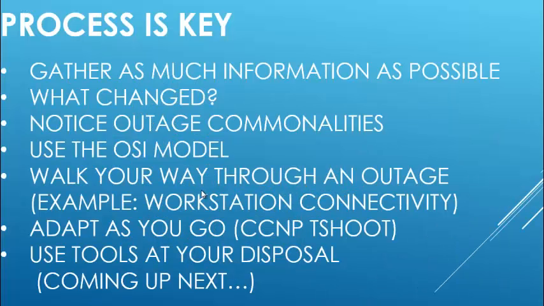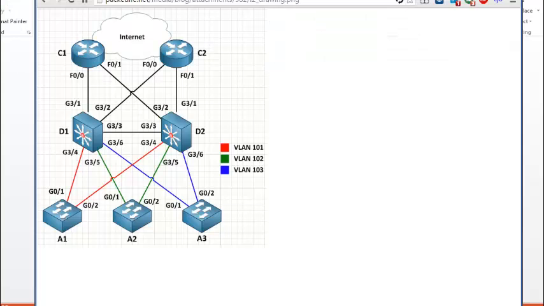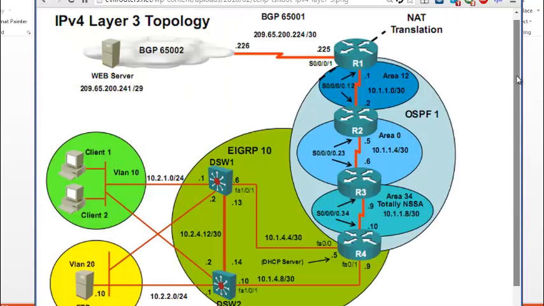Moving on, adapt as you go. And I put CCNP Troubleshoot here because that's kind of the best example that I can think of off the top of my head. So if we go to this picture here, this is the topology. If I'm not mistaken, as long as they didn't update the exam, which I don't remember, I think it's coming up for an update.